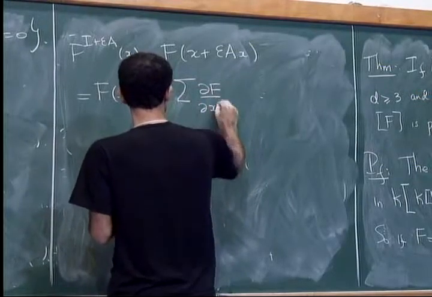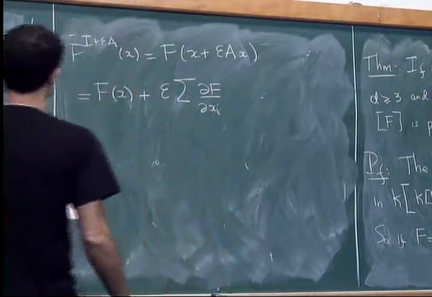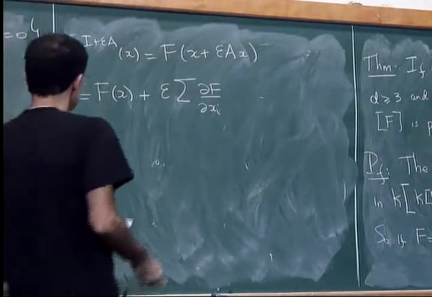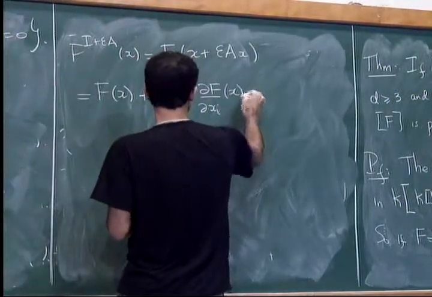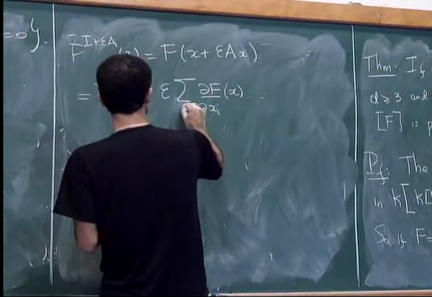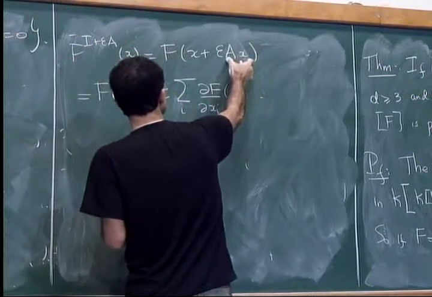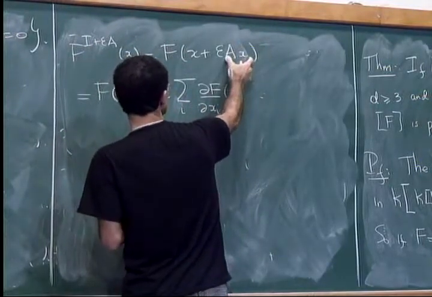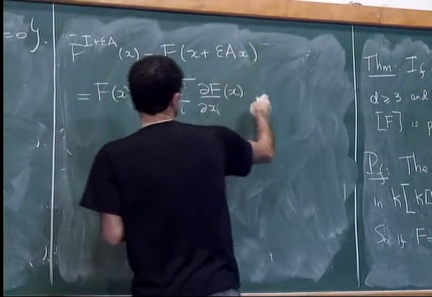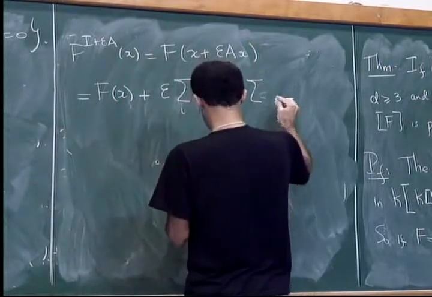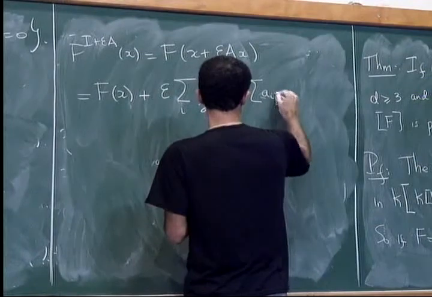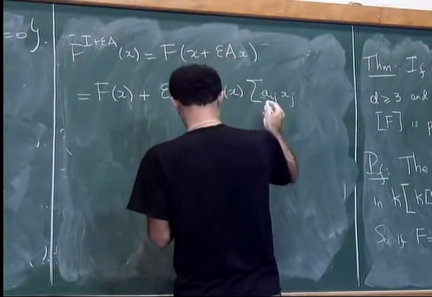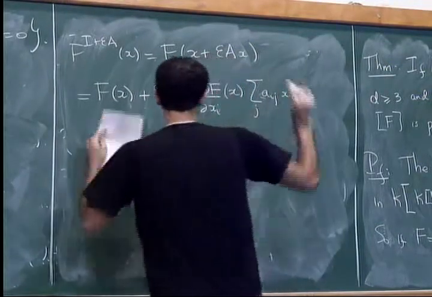So it's the sum over i of the derivative of the ith component of this product, and that's the summation of a_ij x_j.